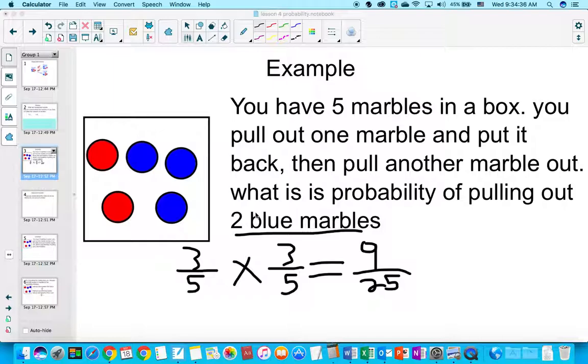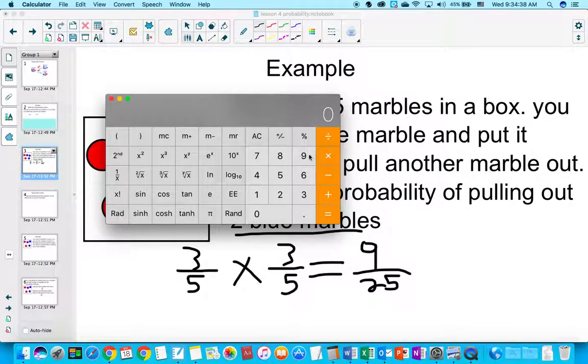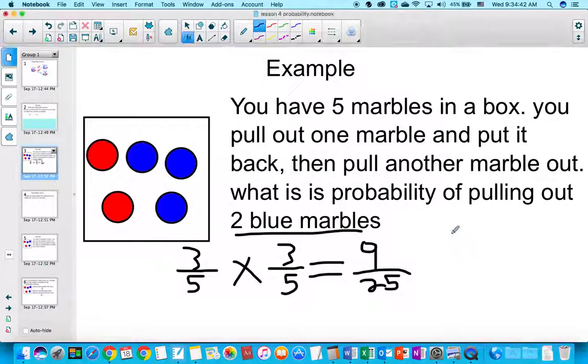If we were to quickly pull up the calculator, 9 divided by 25, that's a 0.36. So you have a 0.36 chance, or a 36% chance of pulling out 2 blue marbles out of a box of 5 marbles.